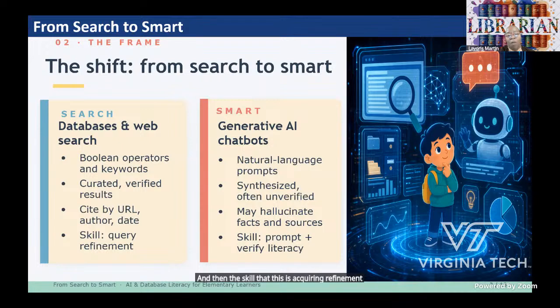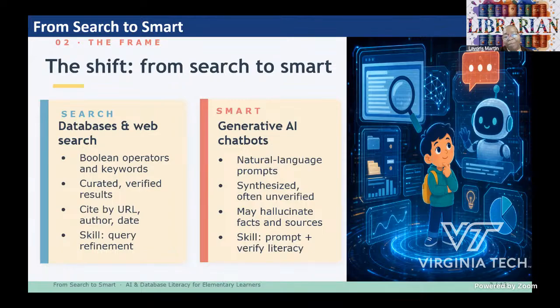Then when you look at the smart side, we have generative AI, where we're using chatbots with natural language. Some of the databases also use natural language, but here it uses a natural language prompt. It's synthesized, and often the information you get is unverified.